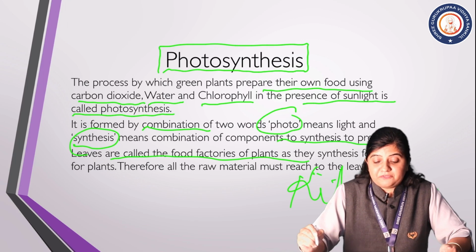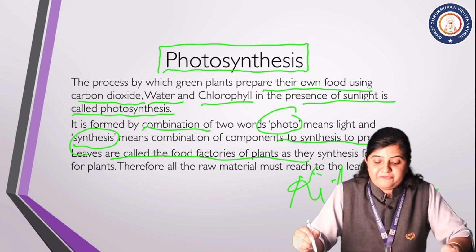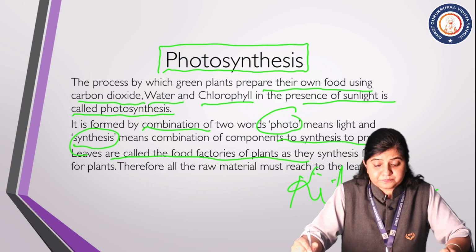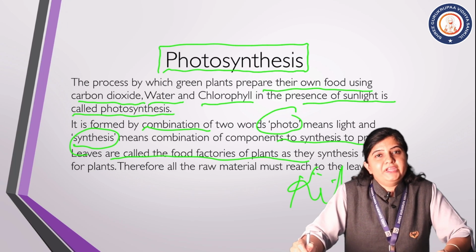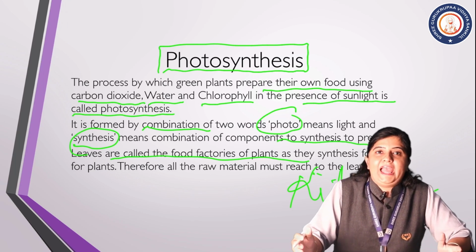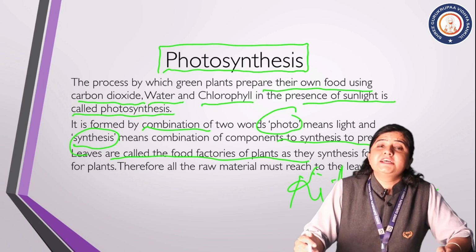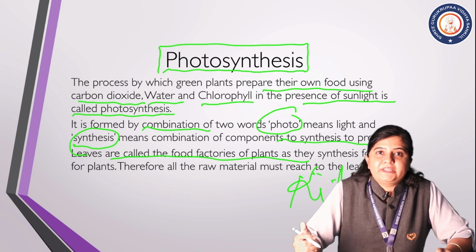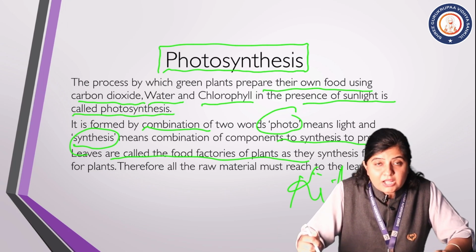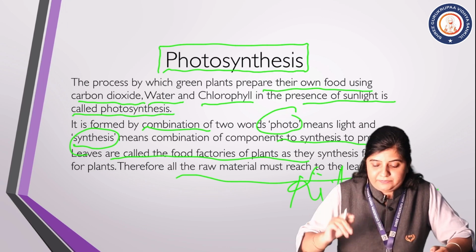As plants synthesize their food, in the same way if we have to prepare food, we have to arrange some raw material in our kitchen. Plants also have to collect the raw materials for the synthesis of their food. What are those raw materials and how do they reach the kitchen?